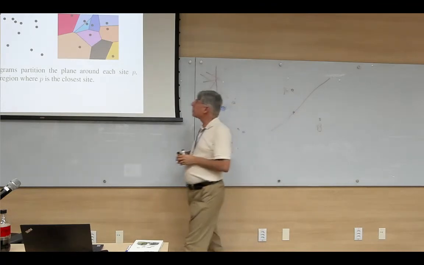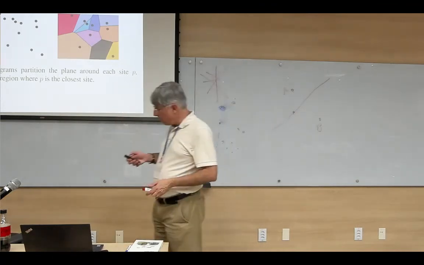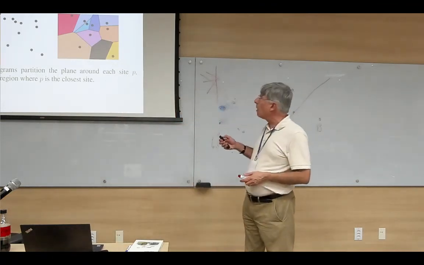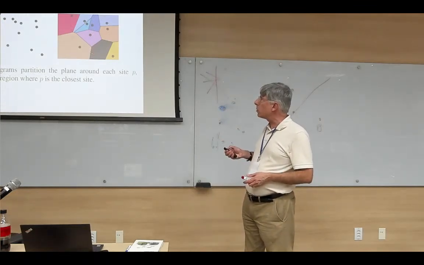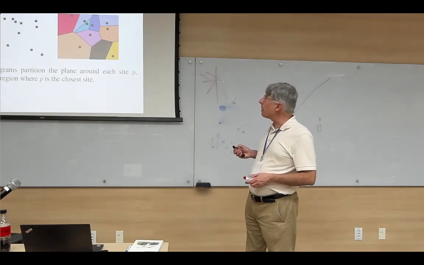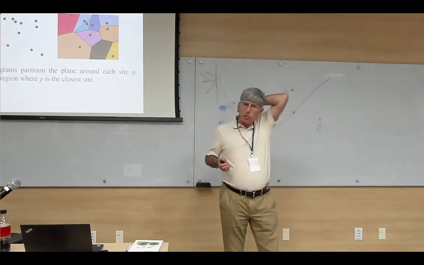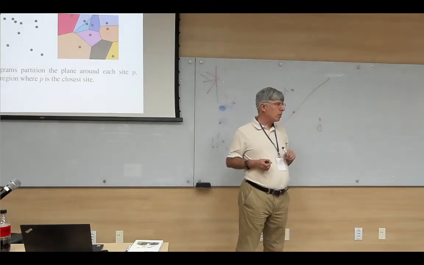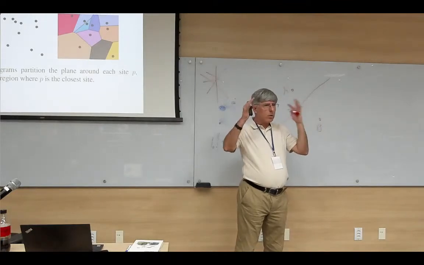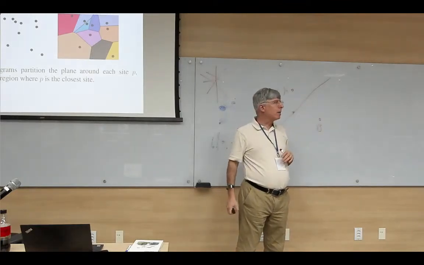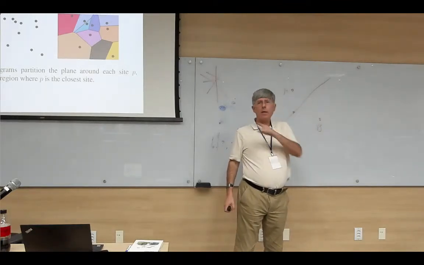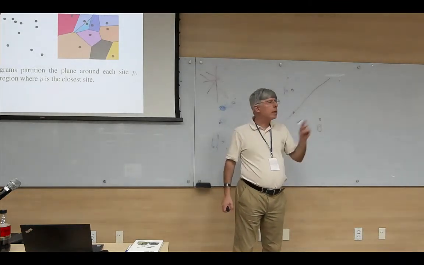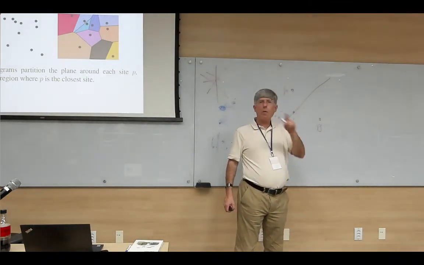It probably is clear that you could build it up in principle by looking at the bisectors between points, and that the Voronoi diagram is going to be made up of pieces of these bisectors, okay? So one way you could think about building this is by reasoning about that. Any questions about that?